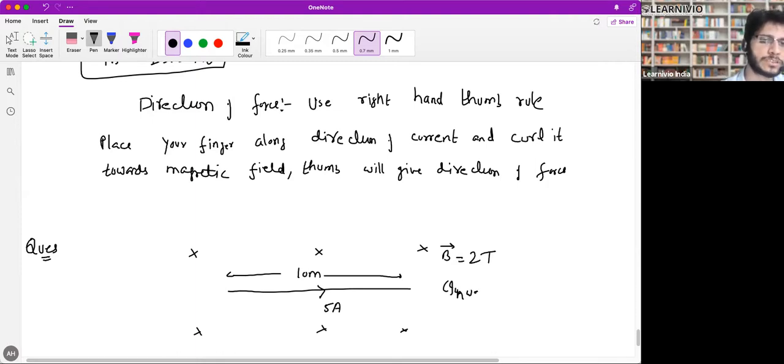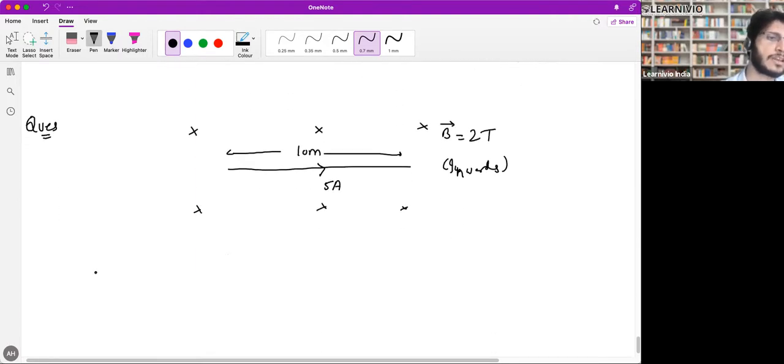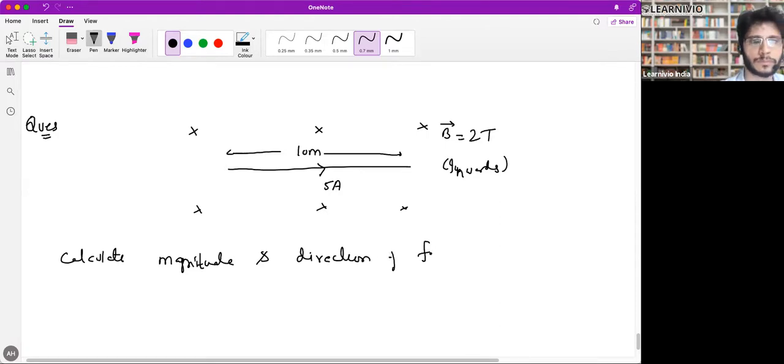Just calculate the magnitude and direction of force. Calculate and write your answer in chat.